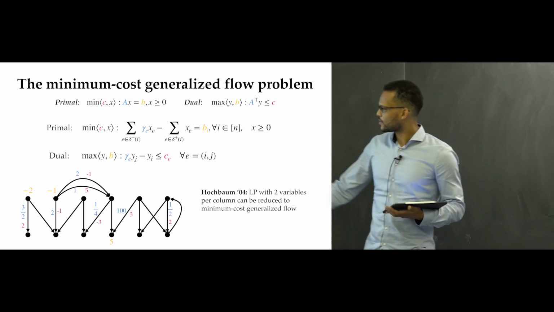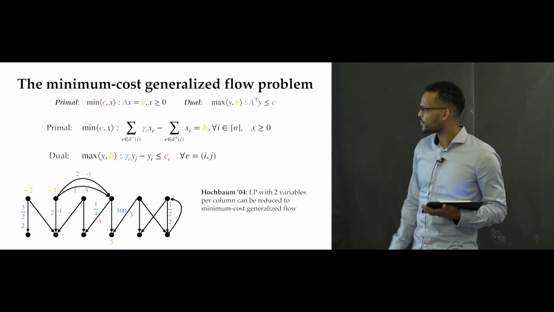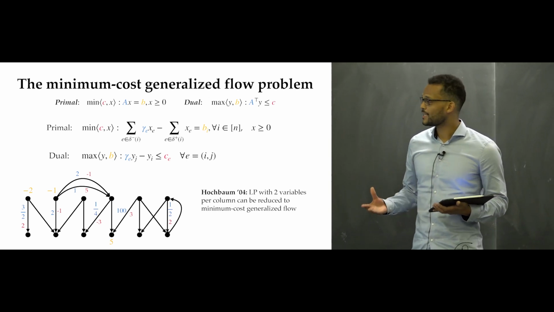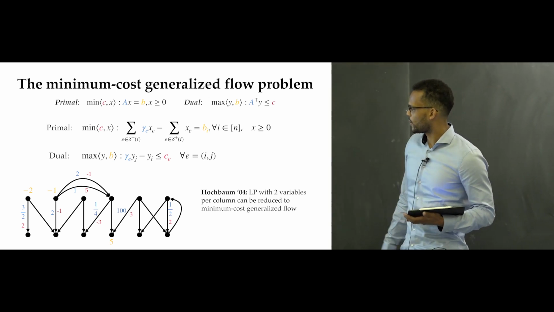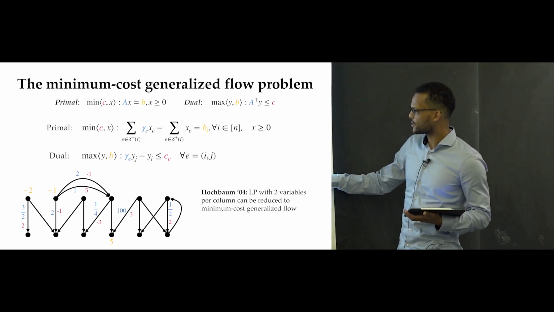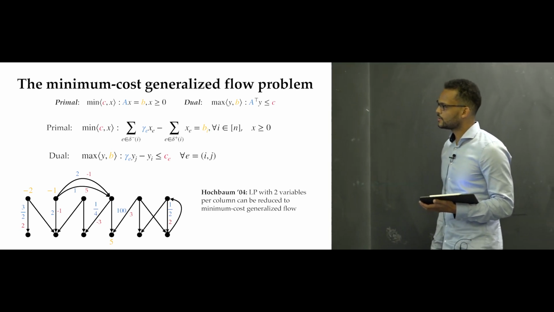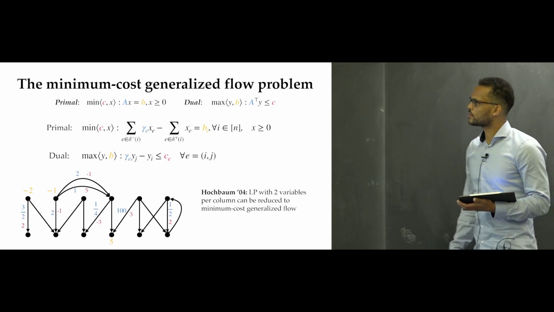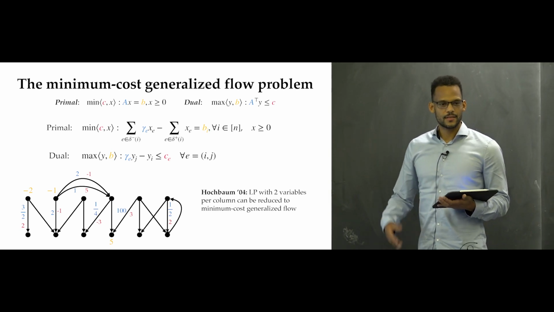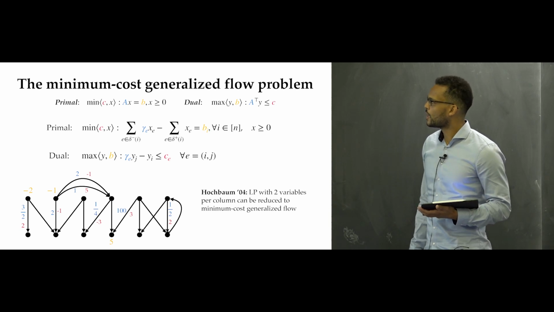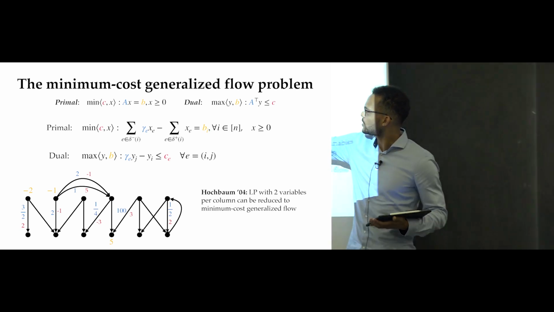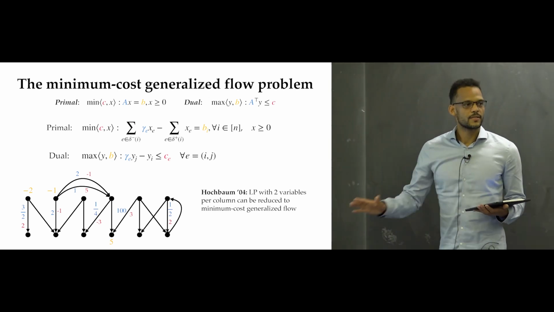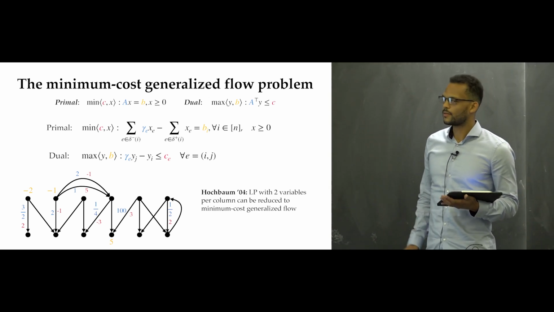It turns out that Dürr-Hochbaum in 2004 has a very simple reduction of the general problem of 2 non-zeros with any sign to 2 non-zeros where 1 is positive and 1 is negative, which then is called the minimum cost generalized flow problem, which is, as the name says, a generalization of the minimum cost flow problem. Namely, if you think of the gammas here that you see, which are non-negative numbers, as all 1, so think of gamma as the all 1s vector, then this is exactly minimum cost flow.